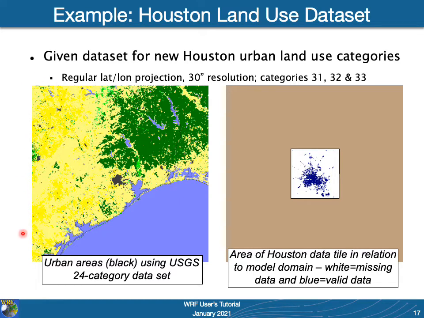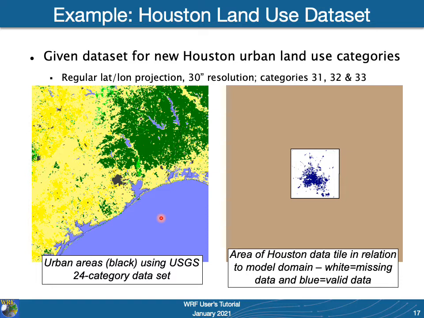So what we're showing on the left panel here is a plot of the land use index for our model domain. So this blue region represents the Gulf of Mexico, and this black colored area represents the city of Houston in Texas. And let's suppose that for our simulation, we have some new data set that only covers the city of Houston, the metropolitan area.